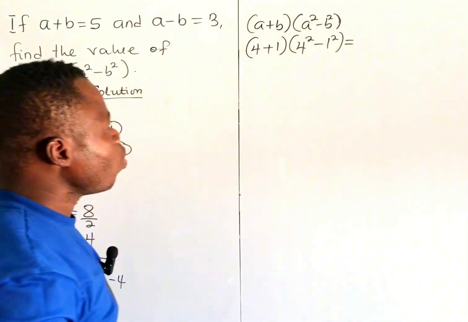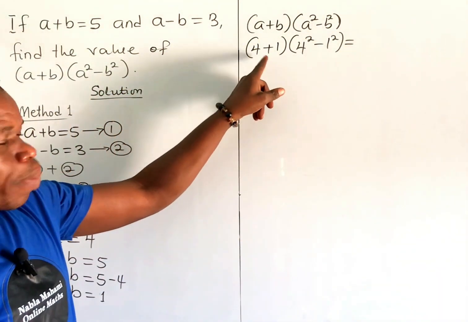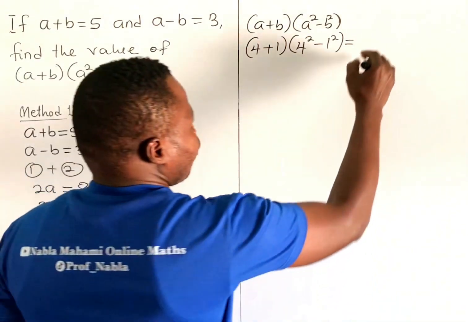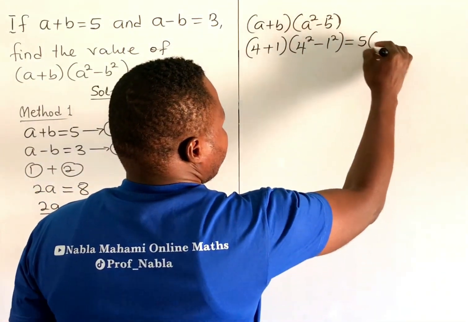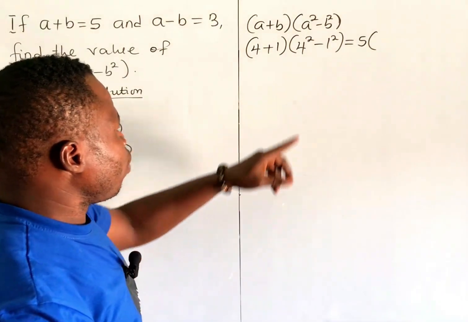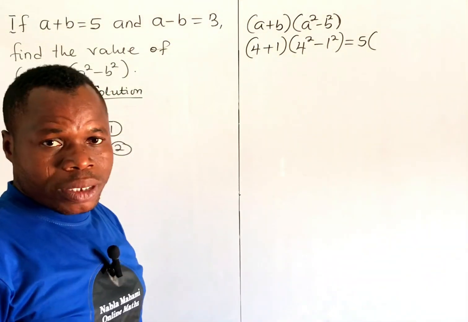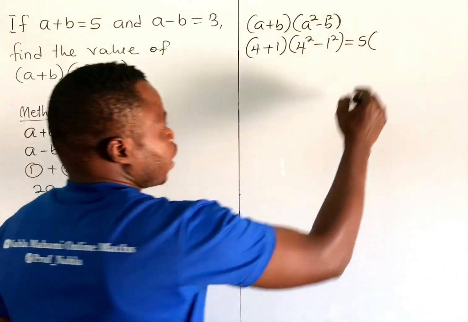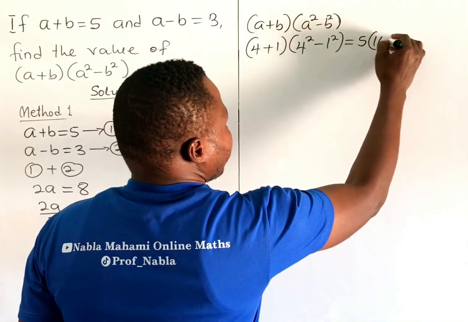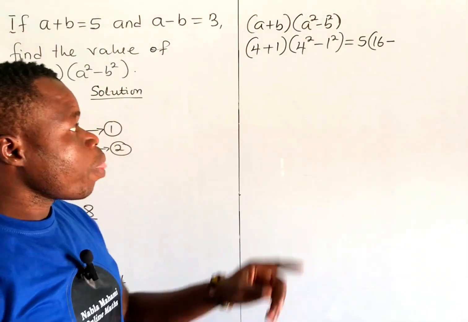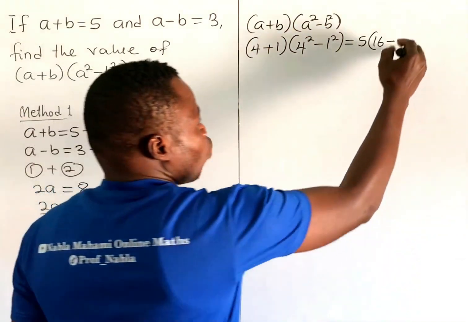If I continue, I'll have 4 plus 1, and 4 plus 1 is 5, into 4 squared, which means 4 times 4, which is 16, minus 1 squared, which means 1 times 1, which is 1.